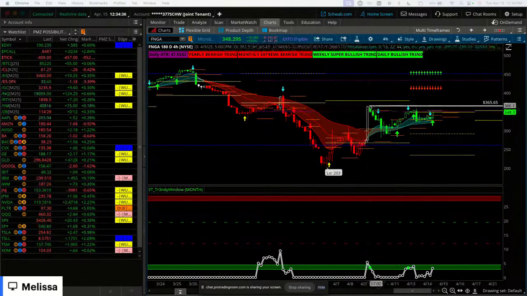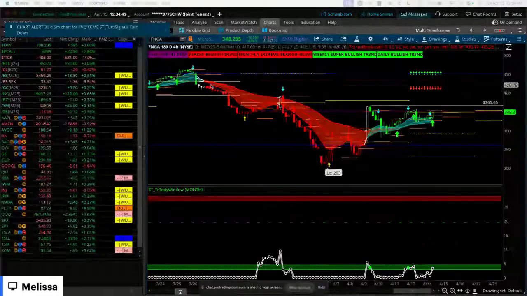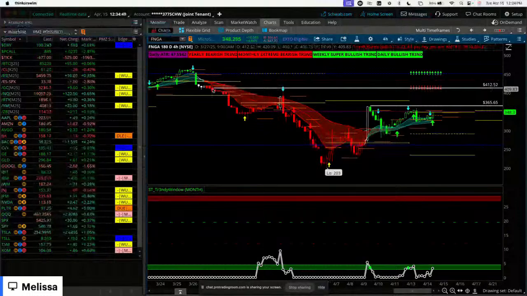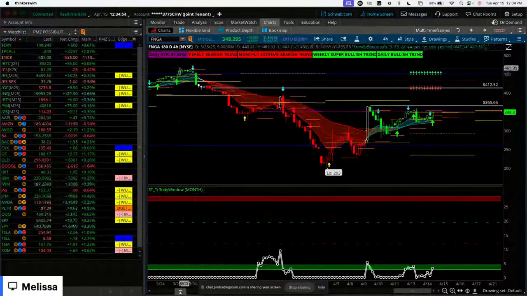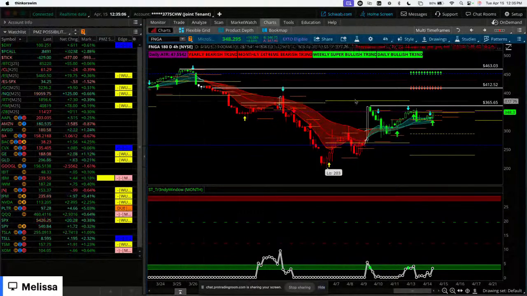Above here, where we created this inside and down, then we need to look up and to the left for the next inside and down candle formation, and that is up here around 412. You also have candle formation up here. If I combined those two zones, the next target to the upside would be 412 to 463.